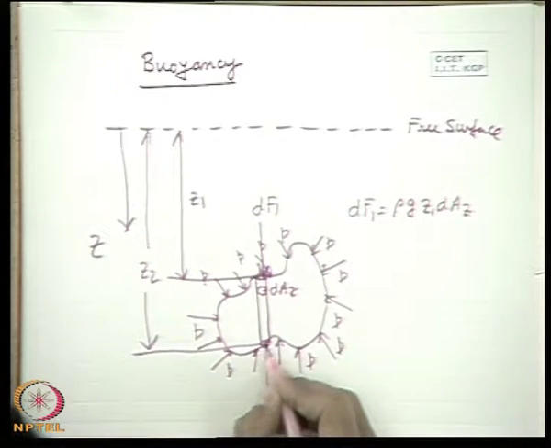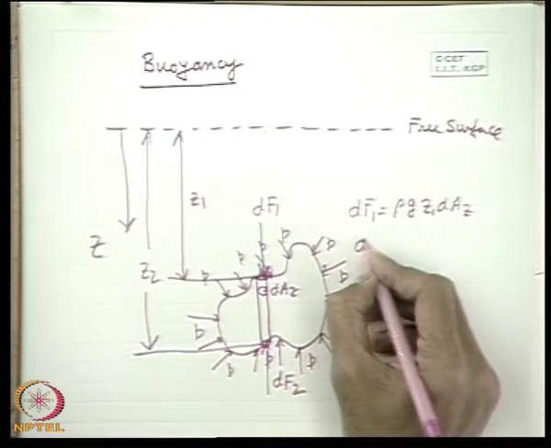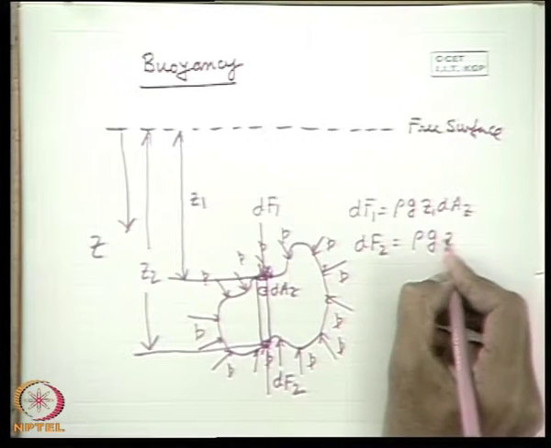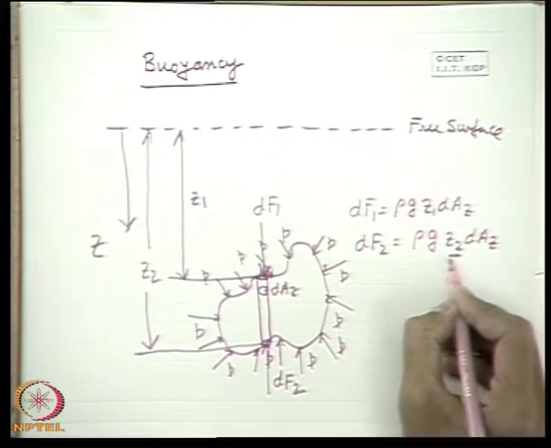Similarly, the upward force at the bottom base of this prism in the vertical direction is dF2, which is equal to rho g Z2 dAz. It is very simple, you have done it earlier. So this is more than this.